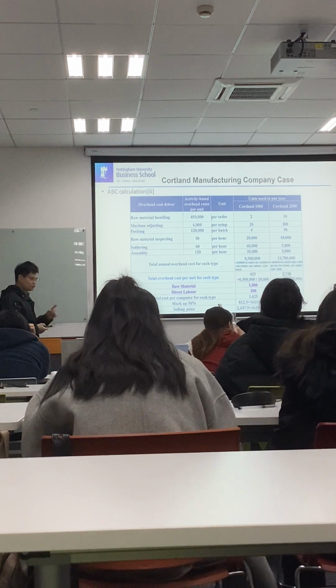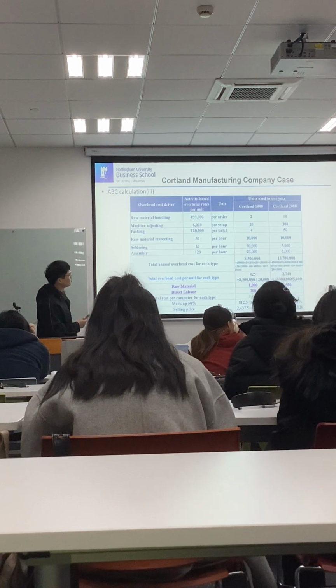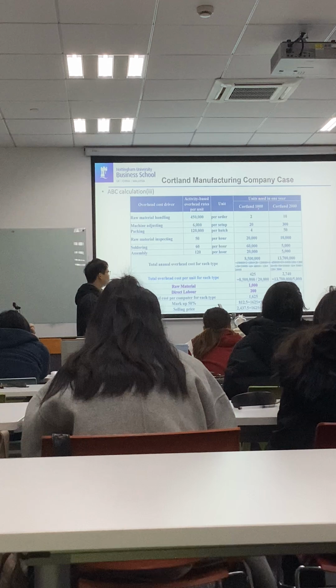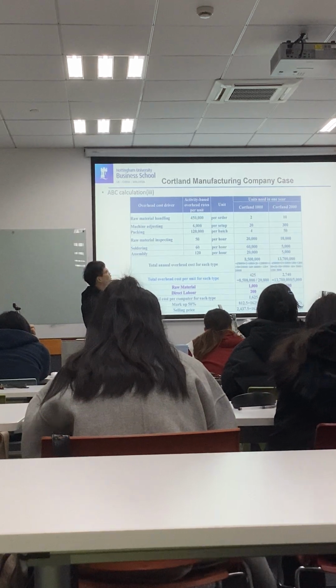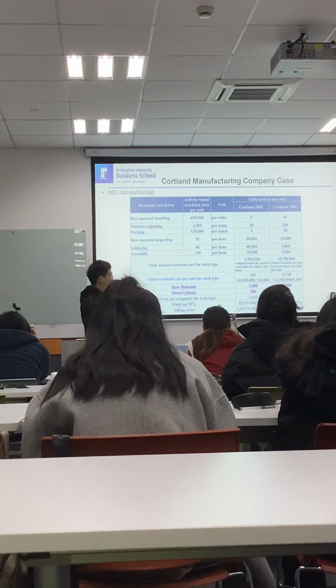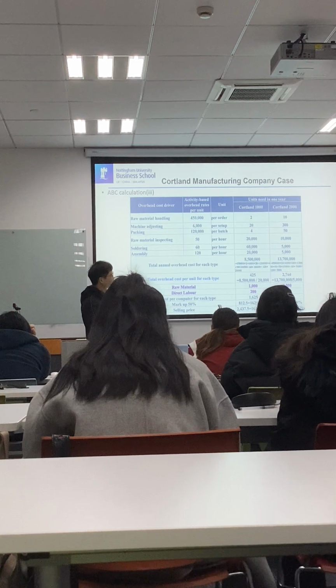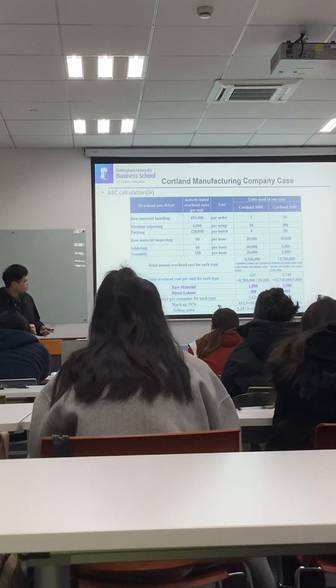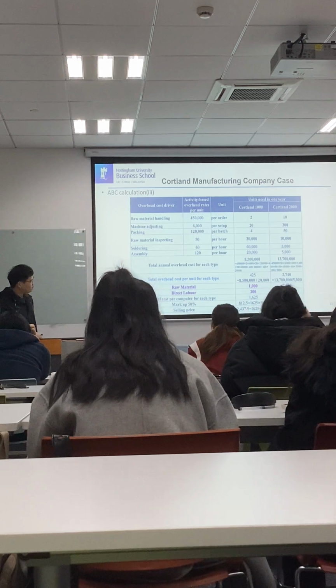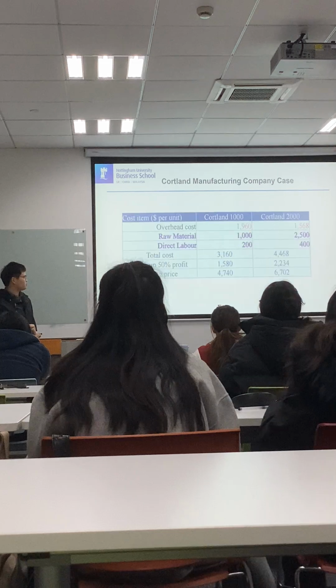So each unit of Cotton 1000 will cost an overhead cost of 425, and Cotton 2000 will cost an overhead cost of 2740.